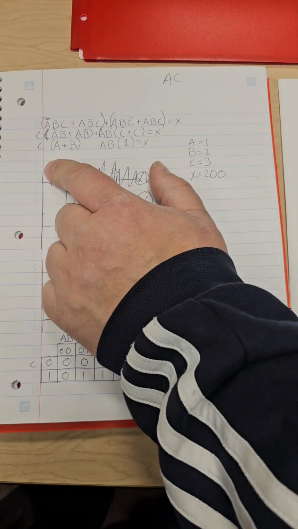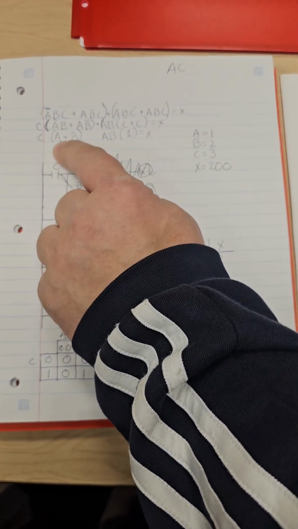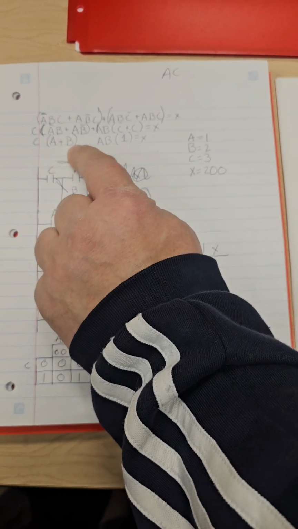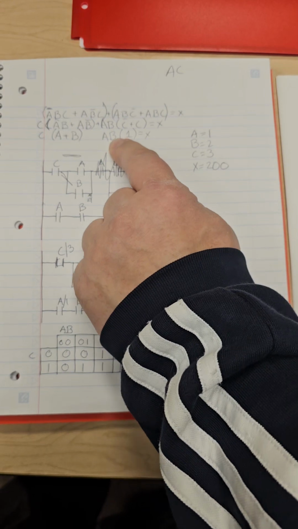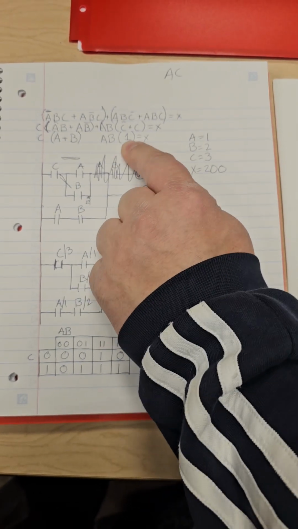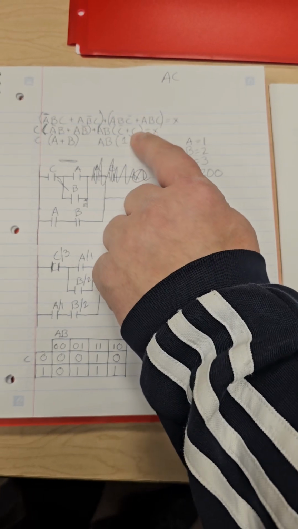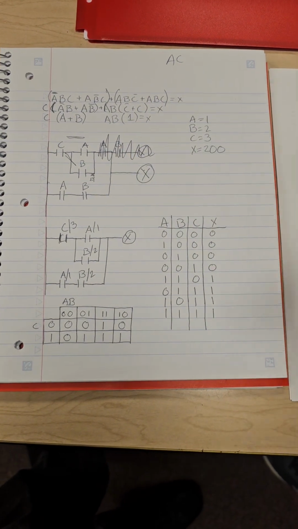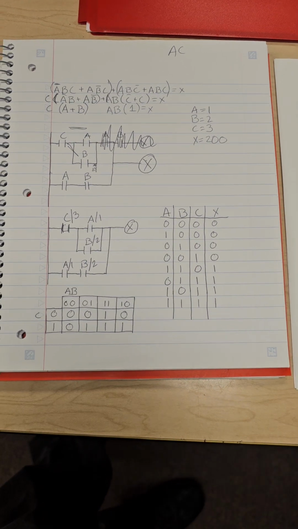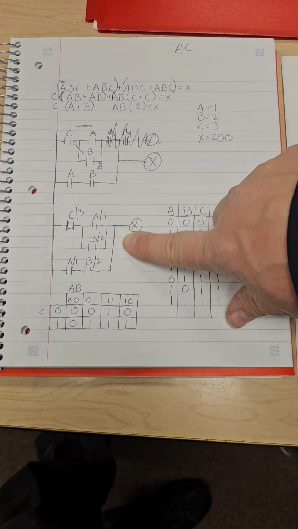So what we end up with is C and A or B, or A and B. And then this one here actually represents the C, not C and C. If you have that, you know it's going to be a 1 for sure, so you can just get it out of there. So this is the ladder logic that we end up with here.